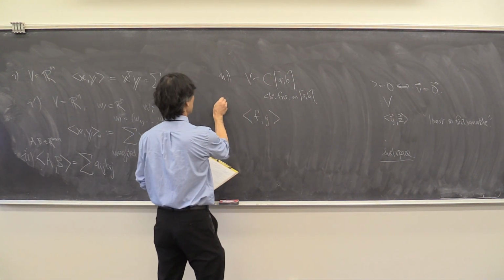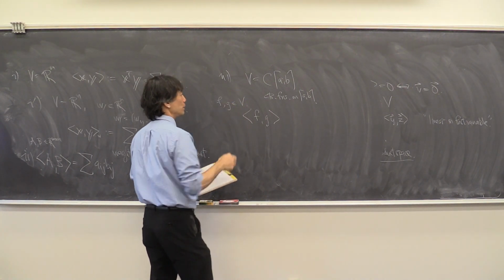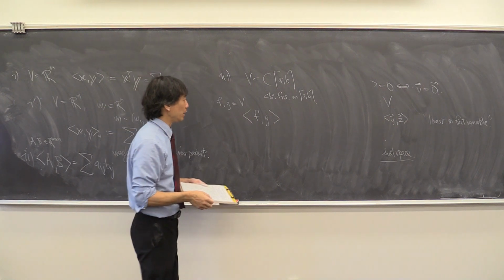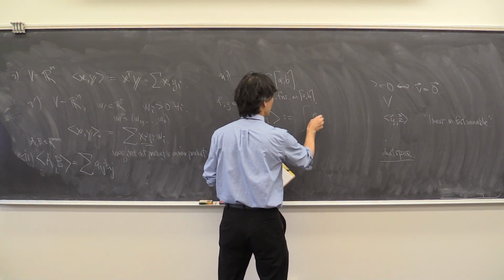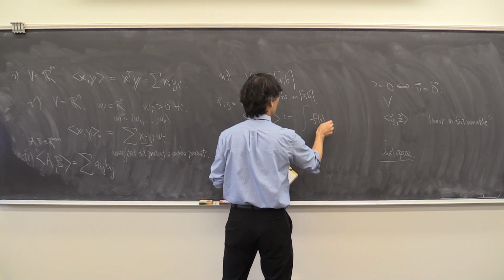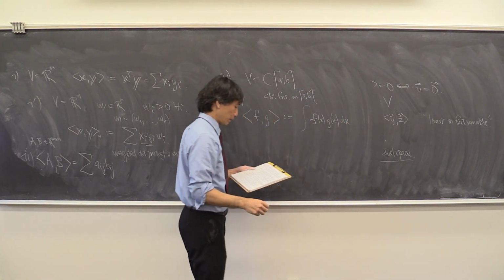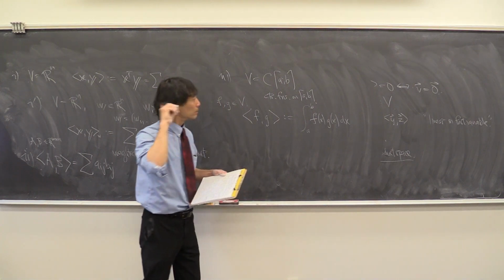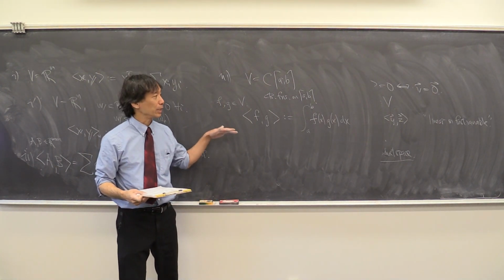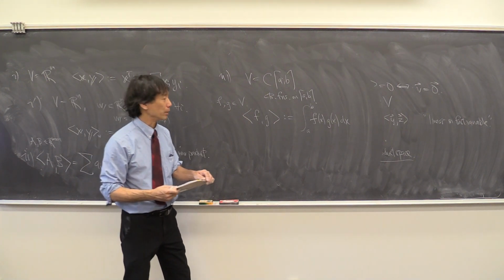So let's say you have two continuous functions on AB. You can define this sort of thing: you take the integral of one function against the other function, and that actually turns out to be an inner product.